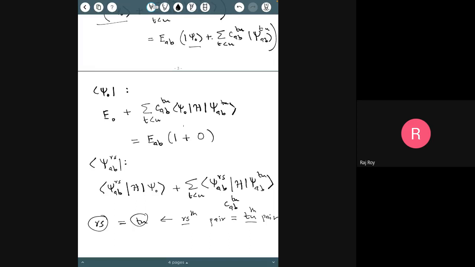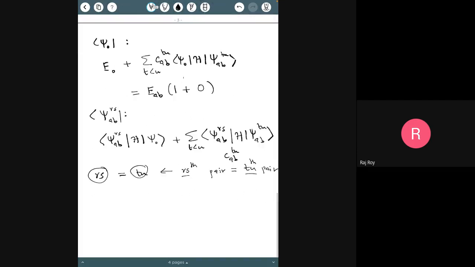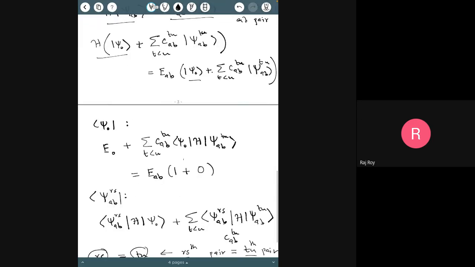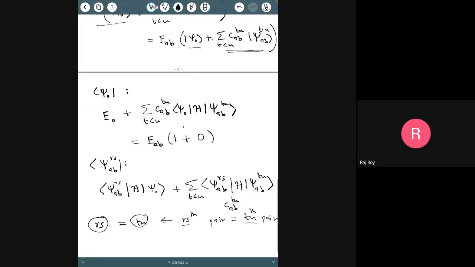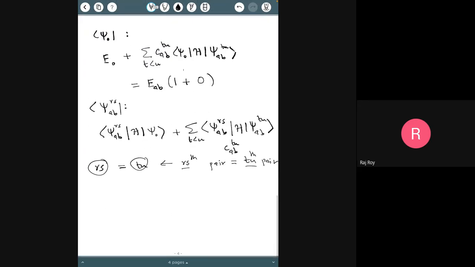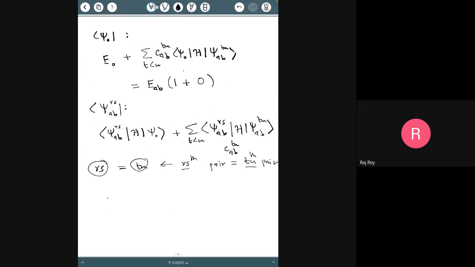The RS composite index goes from 1 to the number of virtual functions, n virtual into n virtual minus 1 by 2. And when it is the same pair, then my second term on the right remains. So I get the right hand side of my equation.